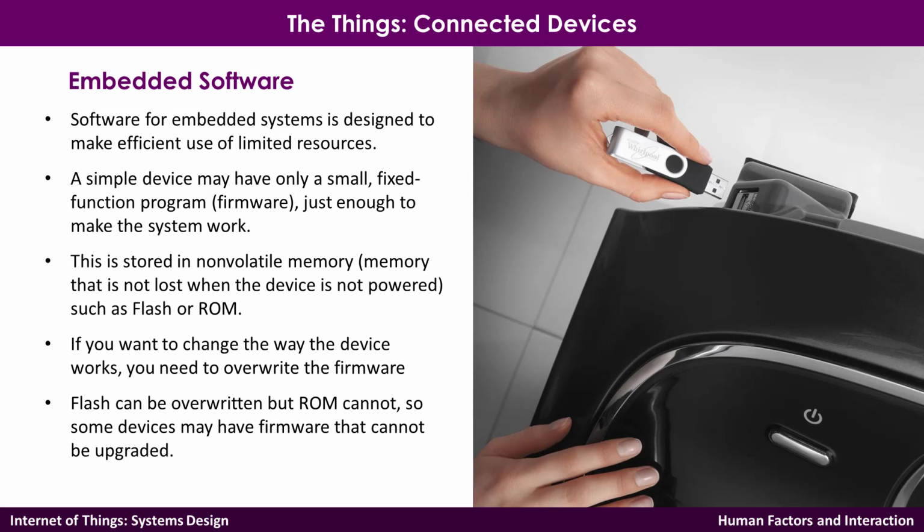If it is flash-based memory or storage, you can override. But if it is ROM-based, which is read-only memory, you cannot upgrade the firmware. Those are the two options developers have when developing embedded software.